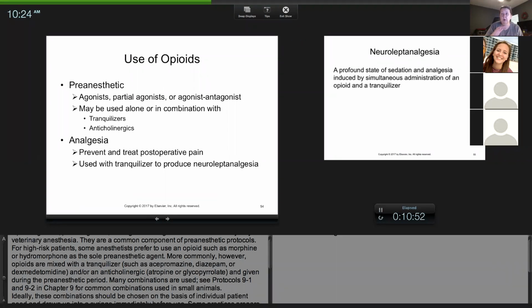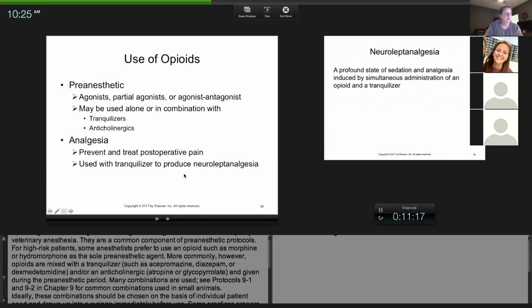Most of the time, we are using them with something. Post-op, you usually give them by themselves. But pre-op, you want them sedated. You're giving it to pre-treat for pain.